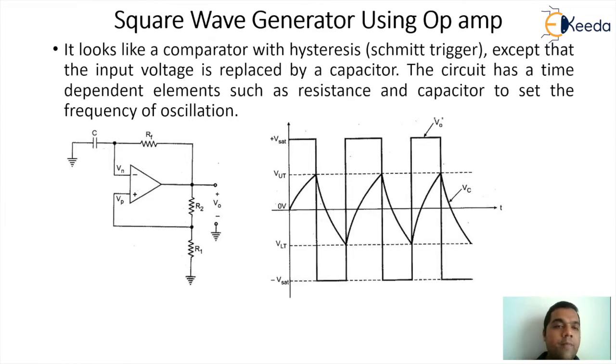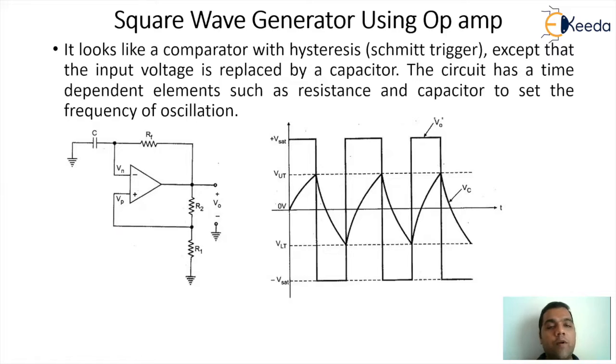The circuitry will have a control voltage that will be defined by the non-inverting pin of the op-amp, and the operation will happen with respect to the charging and discharging of the capacitor. The charging and discharging path of the capacitor happens through the resistance RF, and the output of the op-amp will be either plus Vsat or minus Vsat.